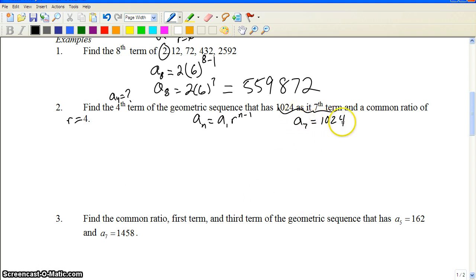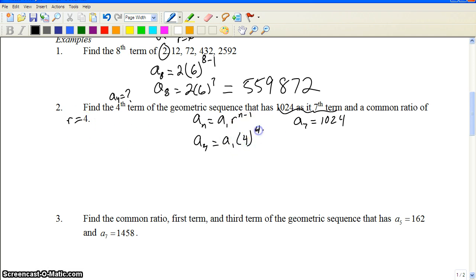So a sub 7 is 1024. We have an expression that talks about geometric sequences, so we're going to eventually use that. But if you didn't know that, you were going to just use it right away, and you were thinking, okay, what's a sub 4? I'm going to put a sub 4 in. The ratio is 4, so we write that there.